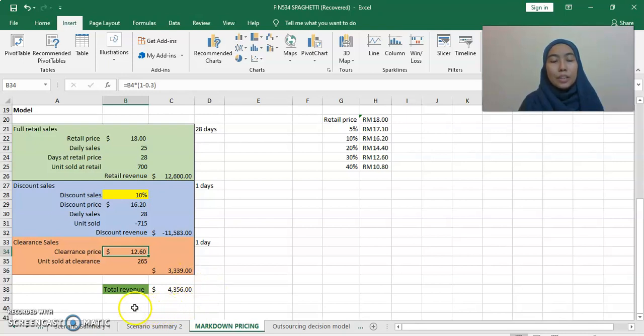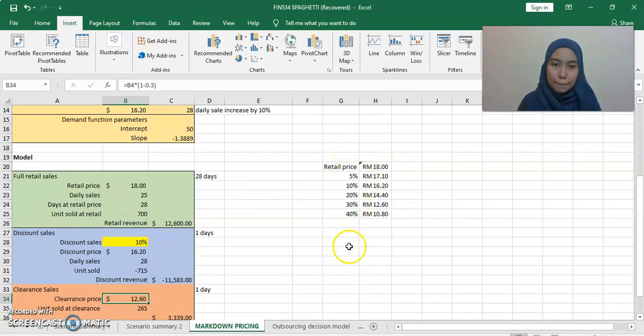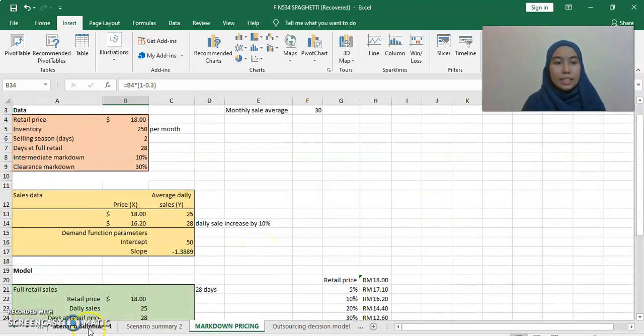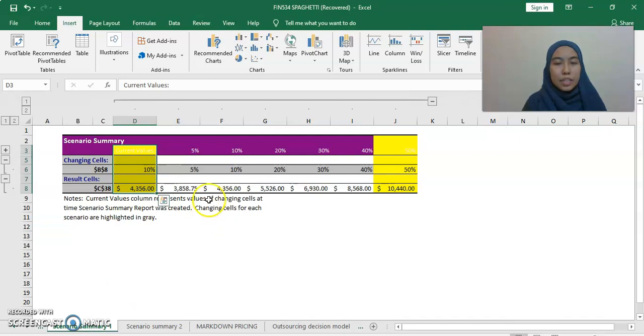3,339. And I sum up all this revenue to get the total revenue, which is 4,356 ringgit per month. And I make a scenario where the retail price I mark down to 40%, and this is the price. And the first scenario summary is the discount that I make.